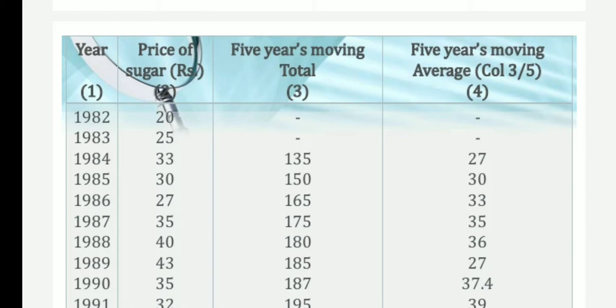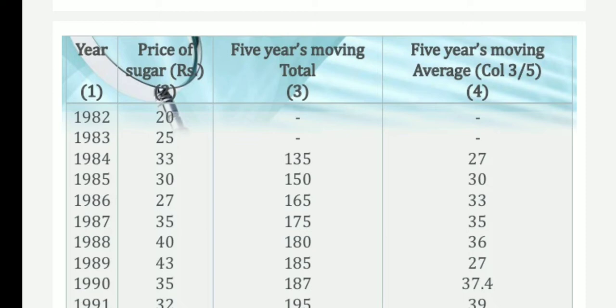First leave the first two, and in the third column, in the place of the third value, write the total. The total is 20 plus 25 plus 33 plus 30 plus 27, that is 135. Next, leave 20 and again take 5 values: 25 plus 33 plus 30 plus 27 plus 35, that gives you 150.